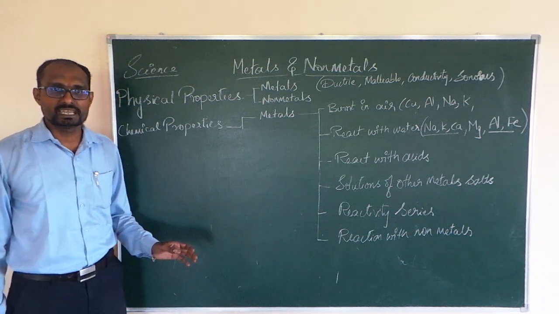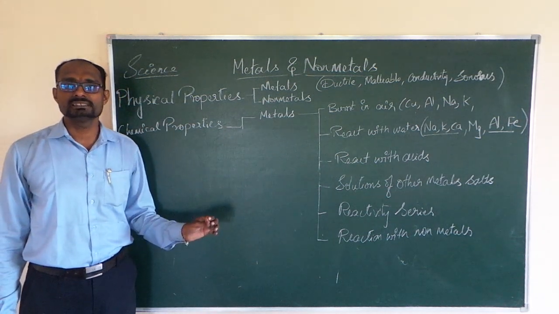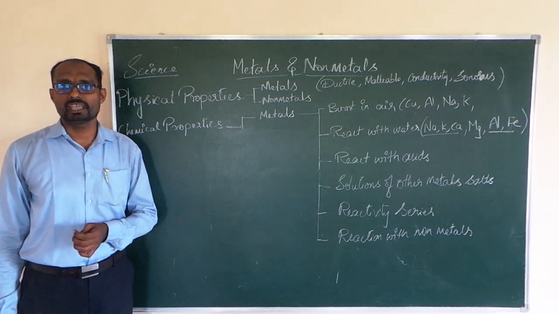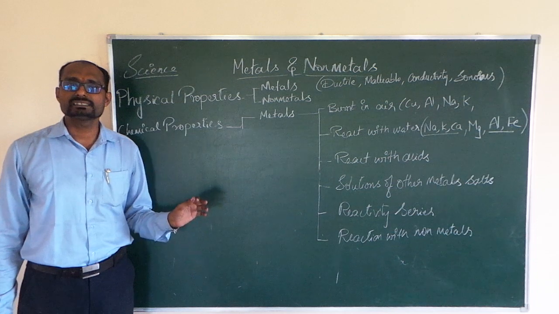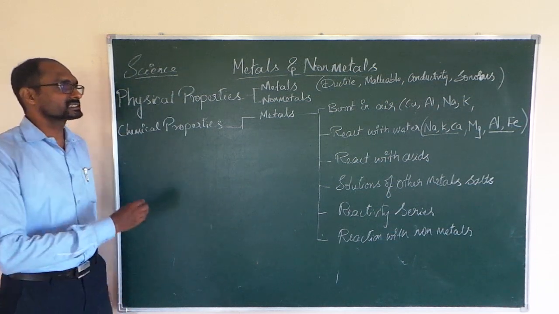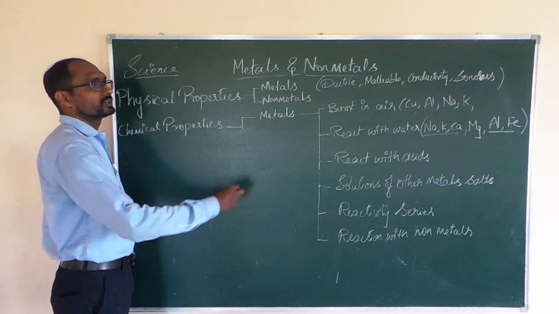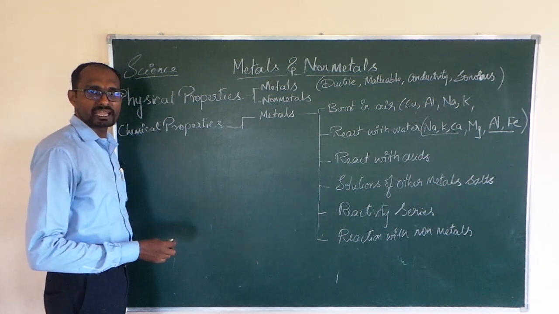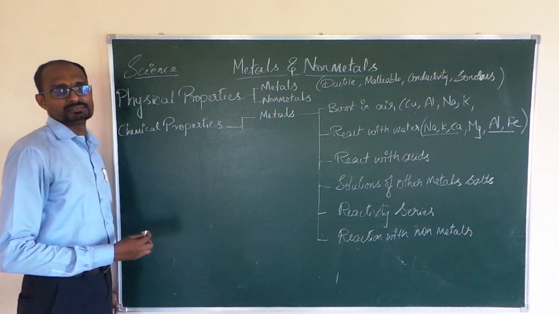When a metal is burnt in air, it is only combining with oxygen. So in this class, we will be discussing the reaction of copper, aluminium, sodium and potassium with oxygen.